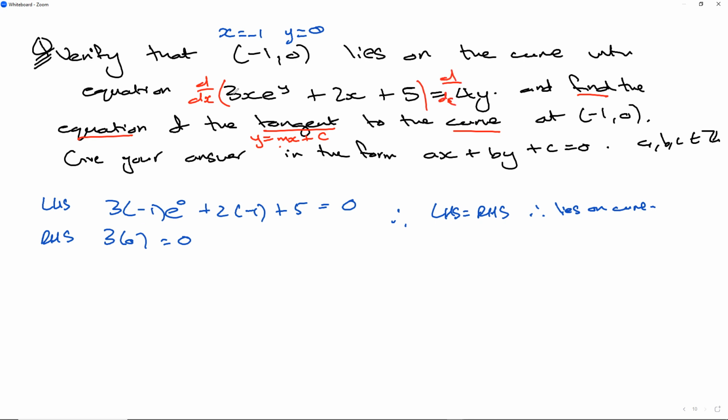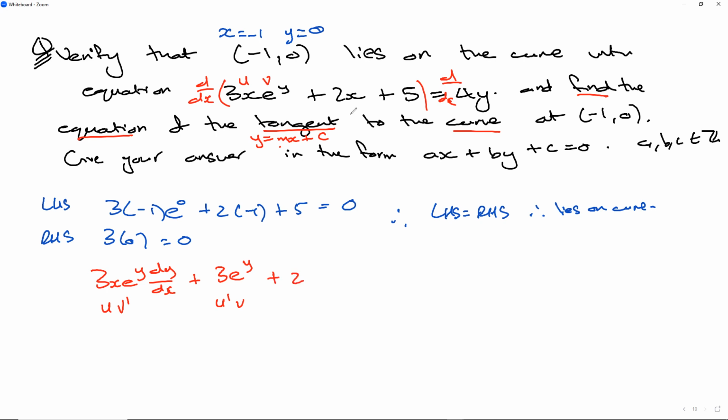On this side, the first thing I've got here is product rule. So I'm going to end up with 3x e to the power of y dy dx. Remember, for this one, let's say this is u, and this is v. Then this is uv dash plus u dash v, which is going to be 3 times e to the power of y, which just stays the same. And now I've used the product rule, and I'm done with that.